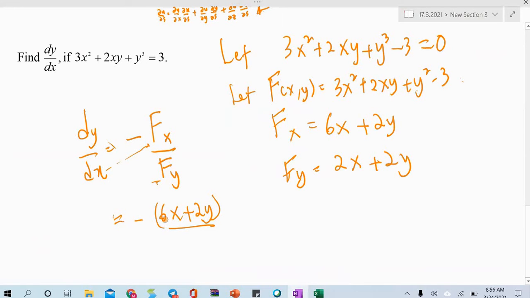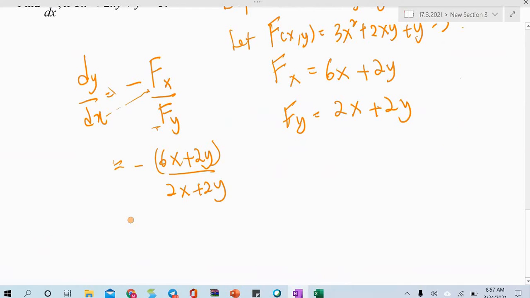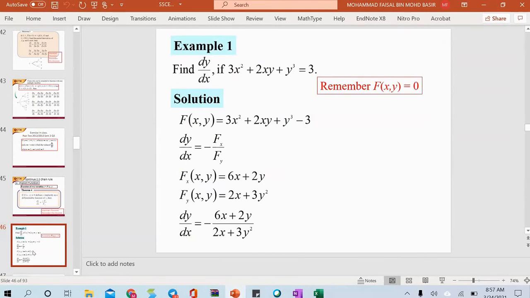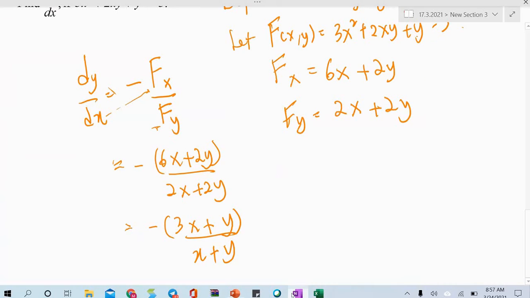Don't forget to put the bracket because we're involving the negative sign. You can cancel out the 2. See any mistake there?